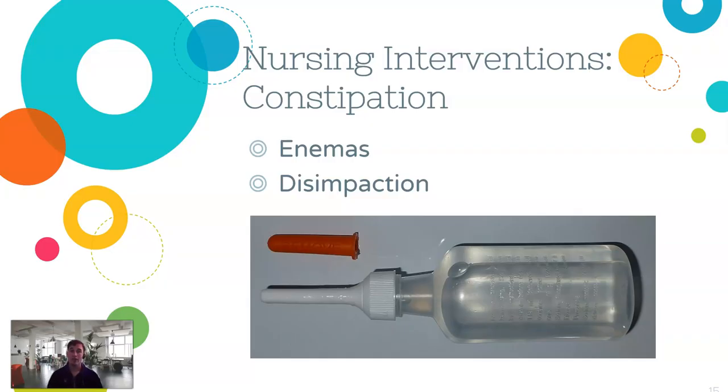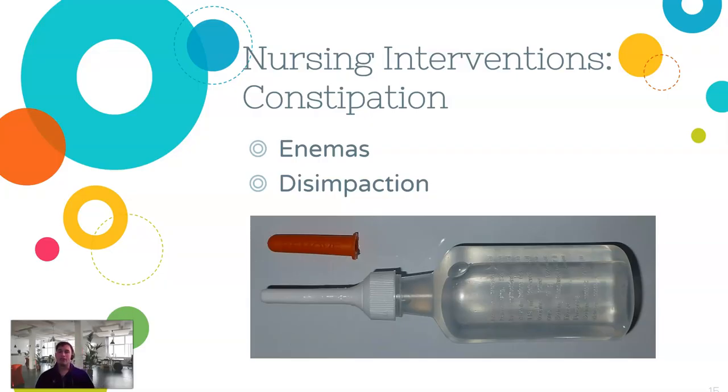An oil retention may be used for disimpaction versus an actual manual disimpaction, which would be removing small pieces manually. We might have a medicated retention enema, so they may have antibiotics or some type of parasitic or intestinal worm medication that we're using to get rid of a parasite. We're providing intervention because the patient has some type of parasite in the colon.